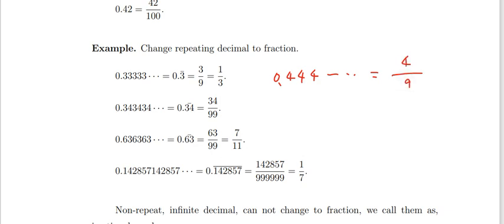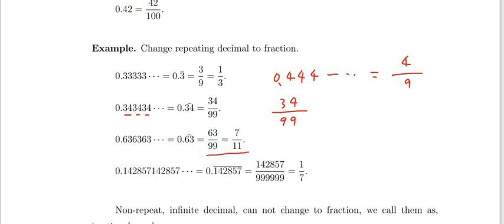If we have two digits repeated, like 34, 34, 34, then the denominator becomes 99, two 9s. For 63, 63, it is just 63 over 99, which we can simplify.